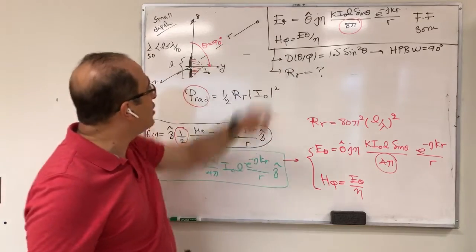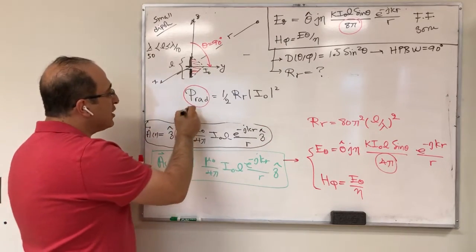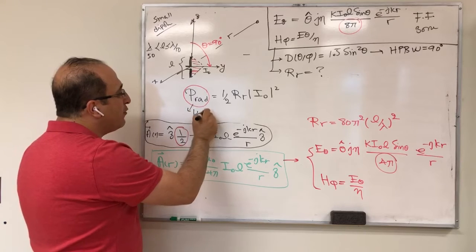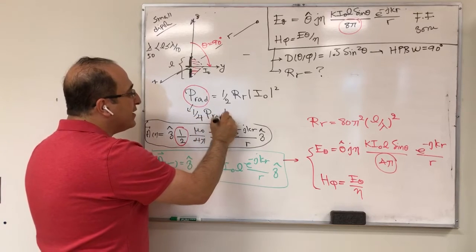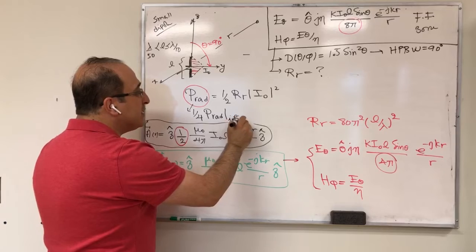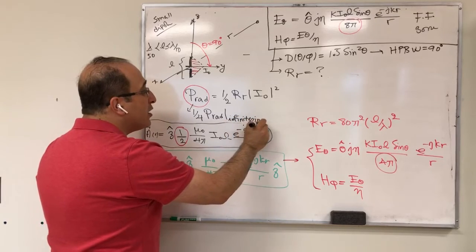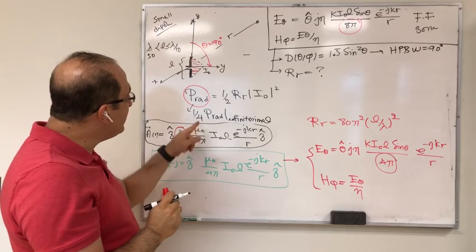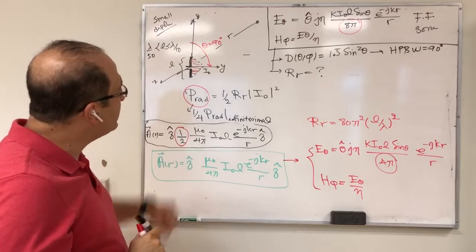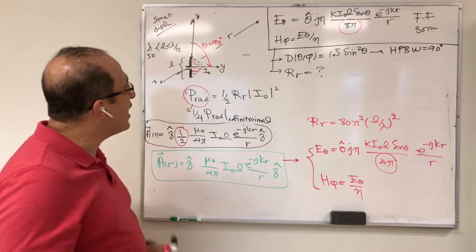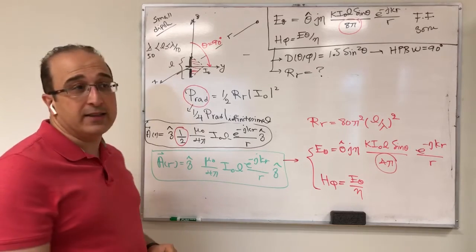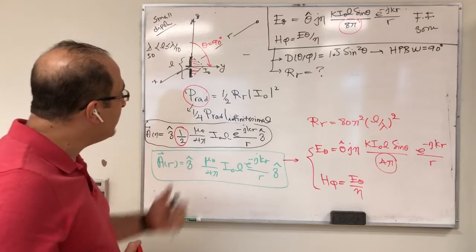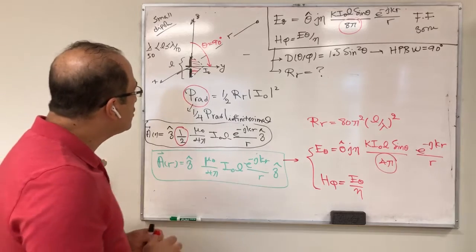When you multiply that, this becomes essentially 1 divided by 4 of P rad infinitesimal. And if this becomes 1 divided by 4, then what's going to happen to R_r in this case?